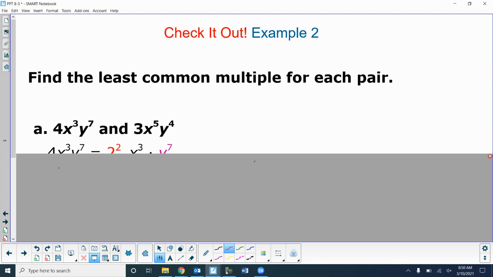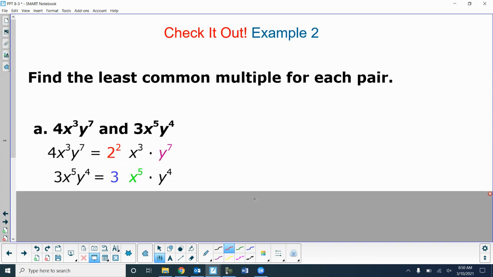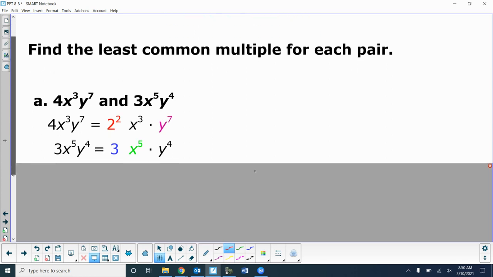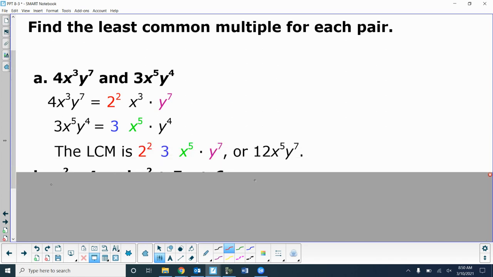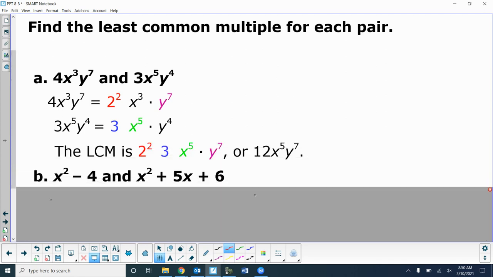Okay? Again, they factor these out. So what's the common denominator going to be? 2 squared times 3 times x to the 5th times y to the 7th, right? The higher exponent ones, whatever shows up, all right?